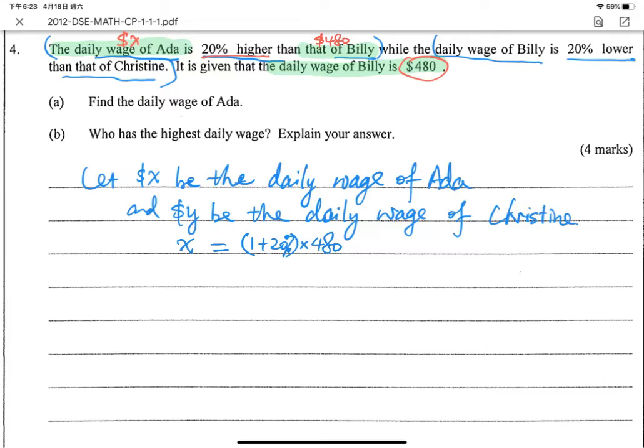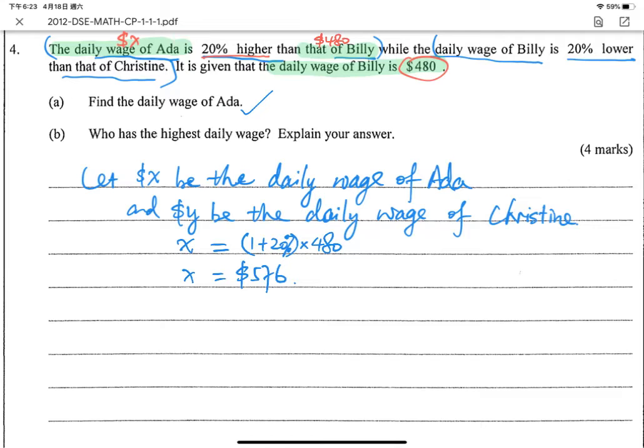In this relationship we just have one unknown, X, so we can calculate it. 1 plus 20% is 1.2, so 1.2 times 480, we get $576. So this X represents the daily wage of Ada. Part A is finished.